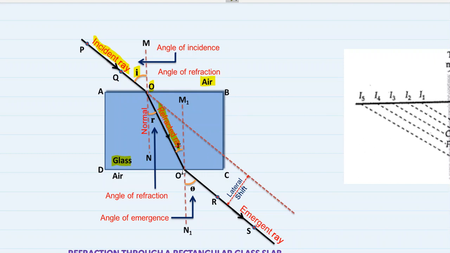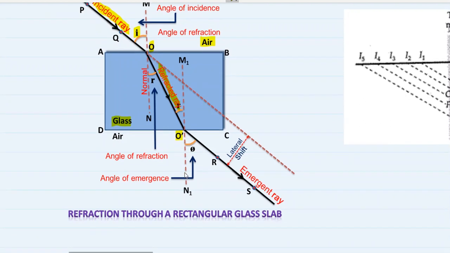Now this refracted ray will not just vanish. It will reach the other end of the rectangular glass slab at point O dash. At point O dash, it will emerge out of the glass slab, and this ray which emerges out is known as the emergent ray. So this is the angle of incidence, this is the angle of refraction, and this is also the angle of refraction over here, because both the normals drawn at the point of incidence and the point of emergence, MN and M1N1, are parallel to each other.